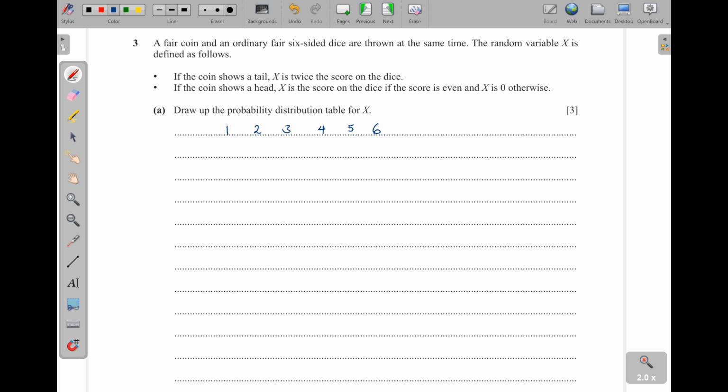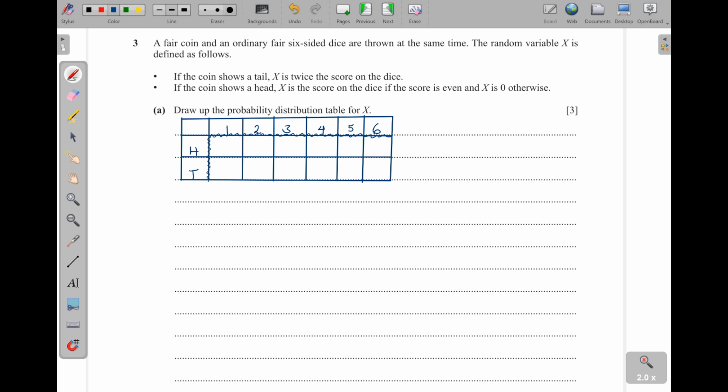Then for the coin, I can have a head and then a tail. Then I can put them in the table. So that is my table there. You can separate this one, and I say this is for the die, and then this is the coin.